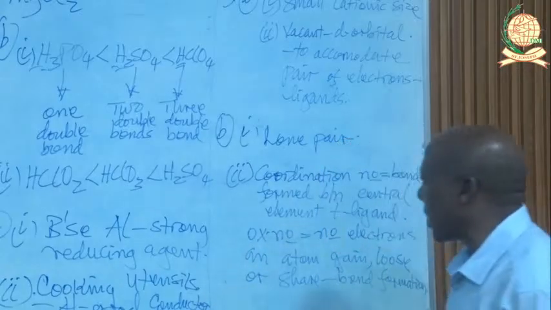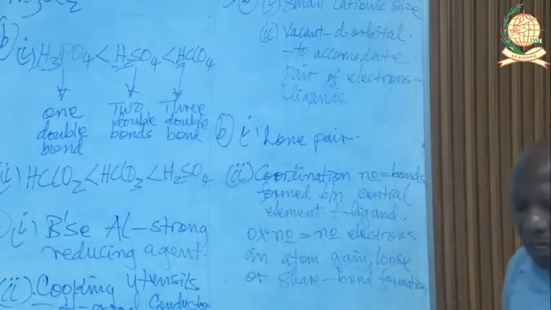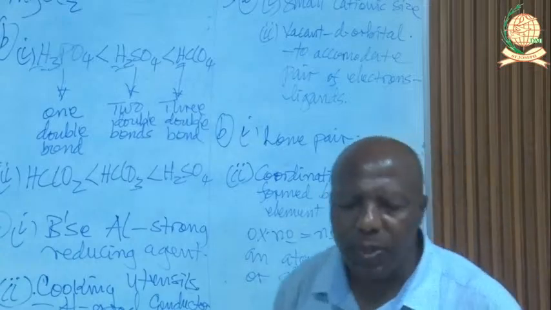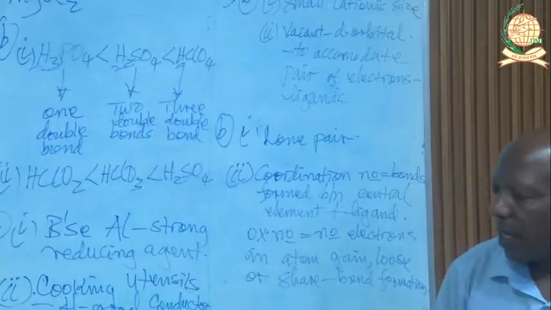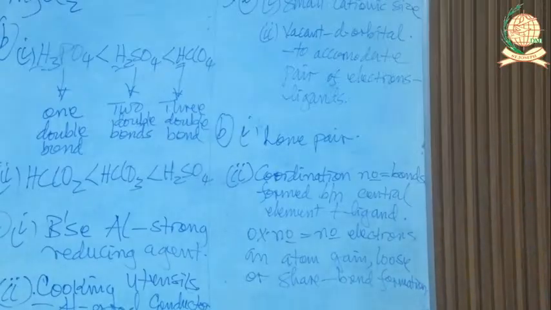So that is the oxidation number. The coordination number is the number of bonds formed between a ligand and the central metal atom.